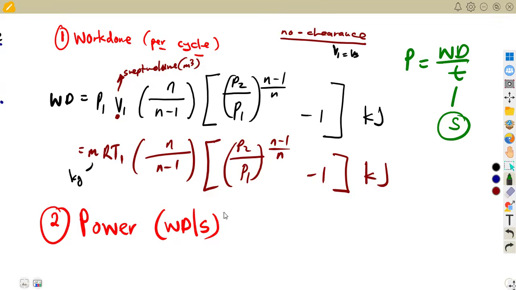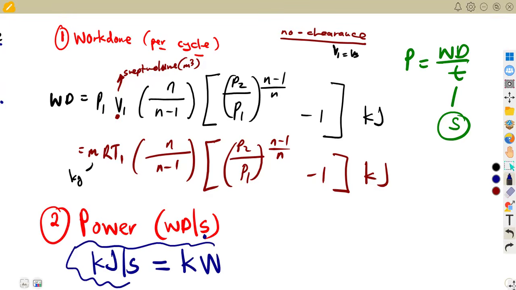It's now kilojoules per second, because remember, it's per unit time in seconds. And kilojoules per second is equivalent to kilowatts. Remember, 1 joule per second is 1 watt. So if it is kilojoules per second, that is kilowatts.